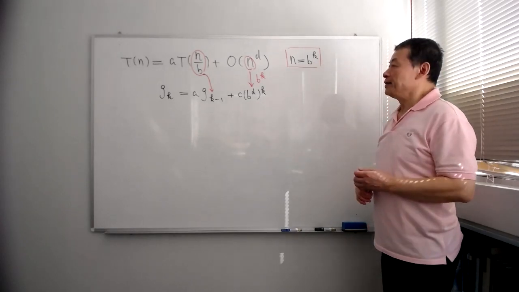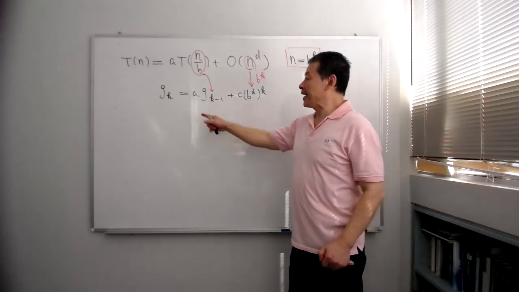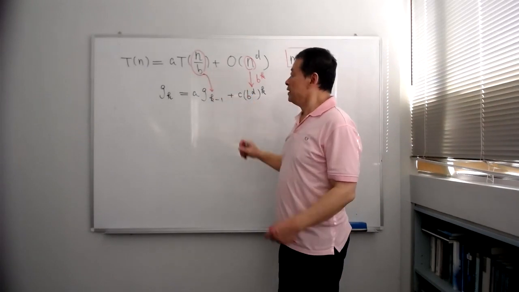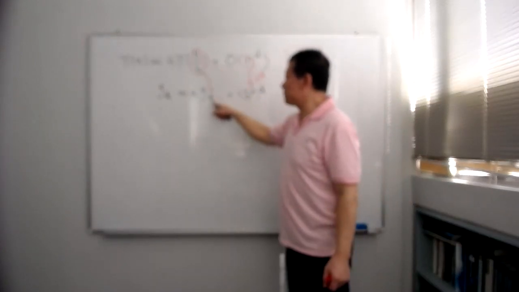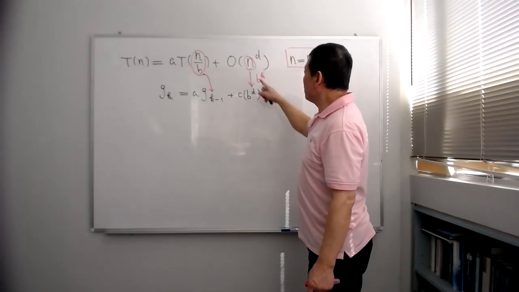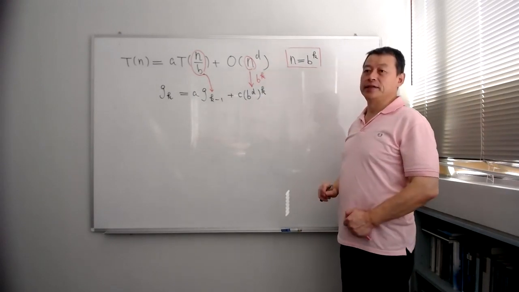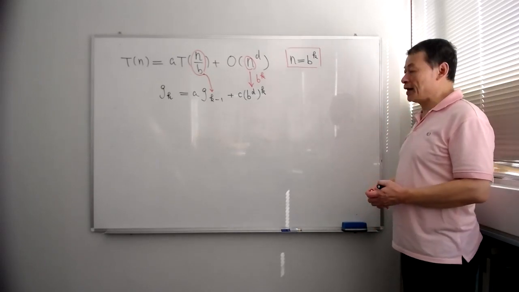All right. Then we can get a linear recurrence relation based on k instead of the above recurrence relation. We see that n divided by b becomes k minus 1, and n is replaced by b to the power k. So we get a non-homogeneous linear recurrence relation.